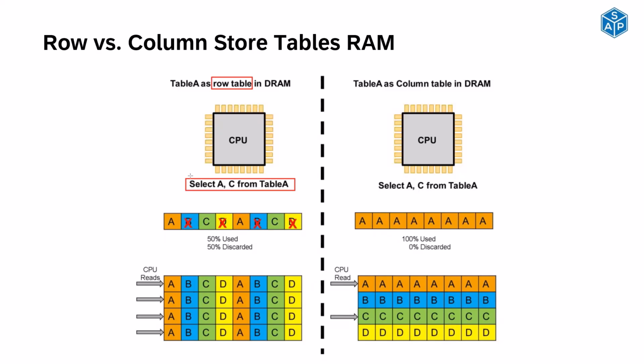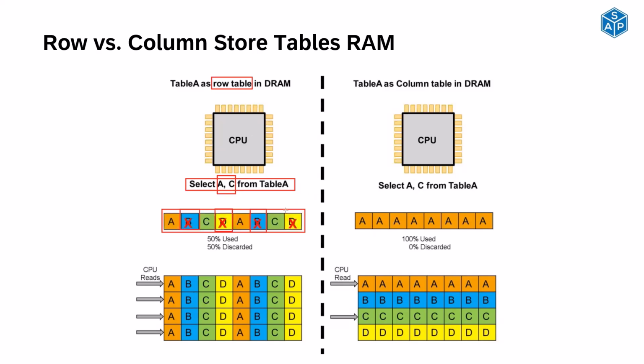In this example, there are 8 columns, and you are only trying to load 2 columns into the memory. But since this is a row store, it will also store all the non-relevant data in the record.